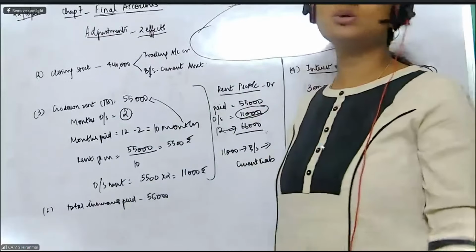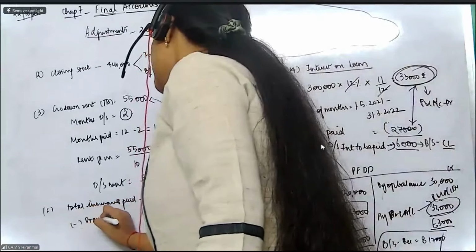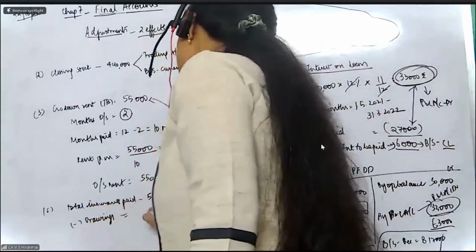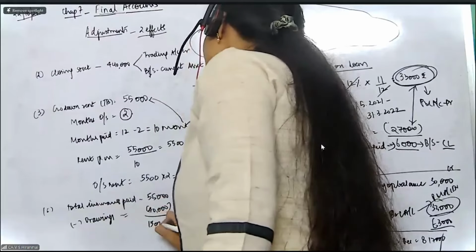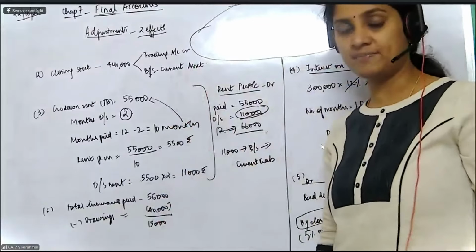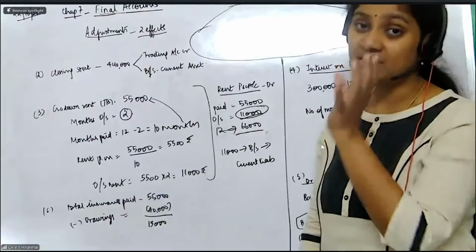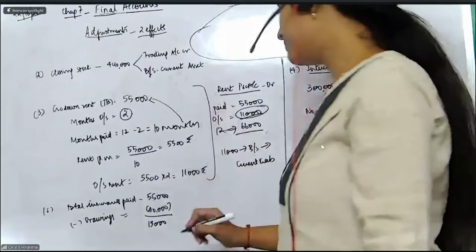So where will I show it, madam? I will show that in my drawings and I will take it to my capital account. So 40,000 I am reducing. So the actual business insurance charges are 15,000. But my dear students, the entire 15,000 is paid for how many months? Very important.